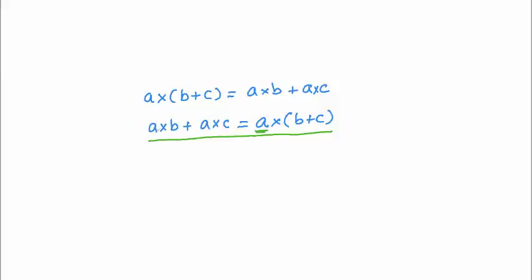Whatever is remaining between A into B, B is remaining. And whatever is remaining between A into C, C is remaining. And what's the sign between them? Plus. So it will say remaining is B plus remaining is C. So A into B plus A into C is the same as A into (B plus C). And while solving the examples, we need both these forms of the distributive property.